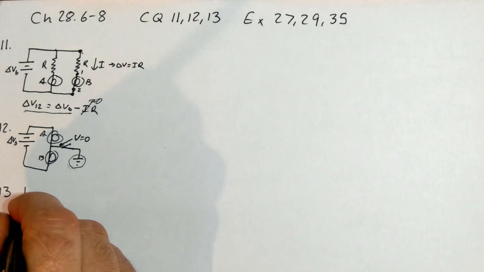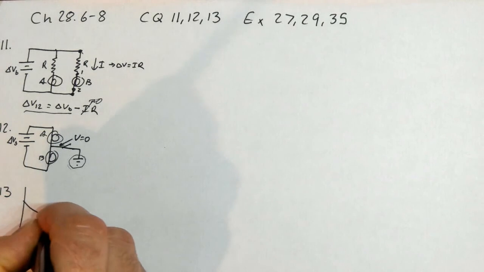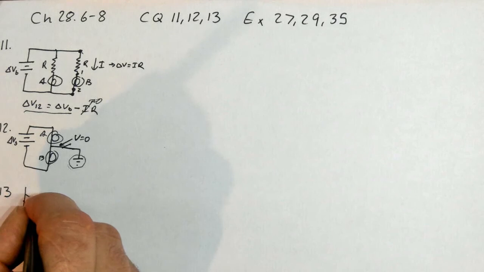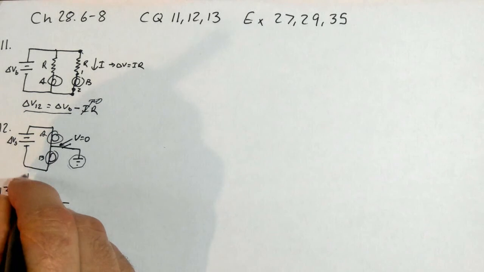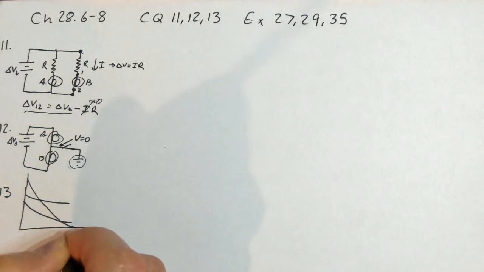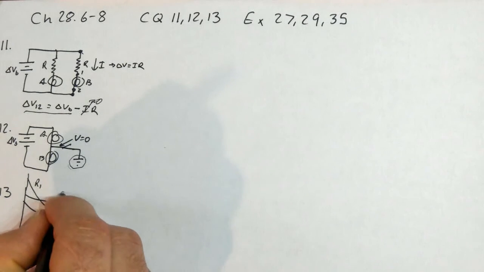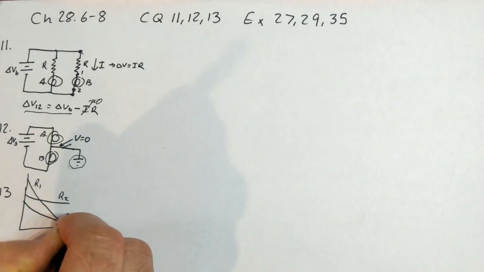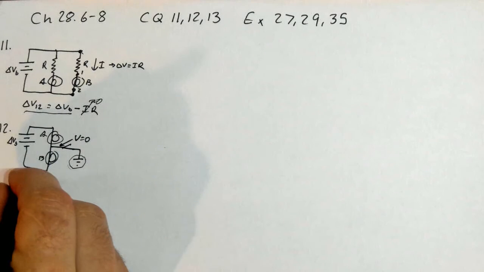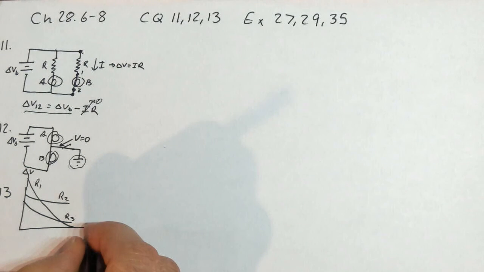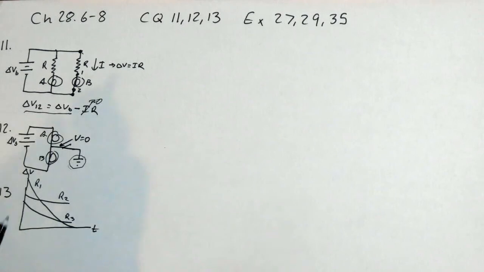Okay, number 13. We have these three curves, and this is the potential difference across the capacitor versus time. What we're told is we discharge a capacitor 3 separate times, across 3 resistors.